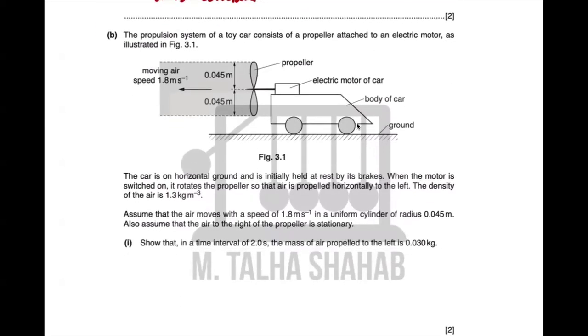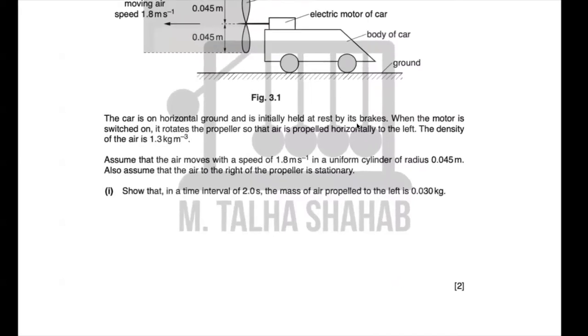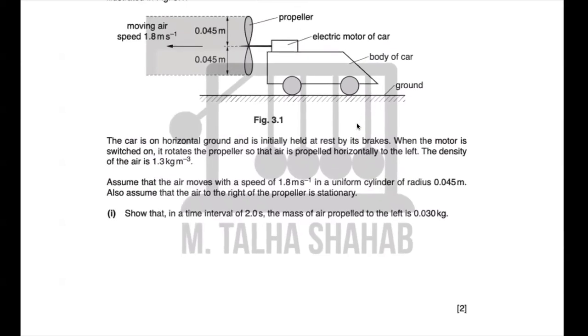All right, so how do we go about doing this question? When I see this, what must click for me is that I'm given the density of air, the speed of air, and also a radius from which I can find out the area. So this is a certain cylinder.